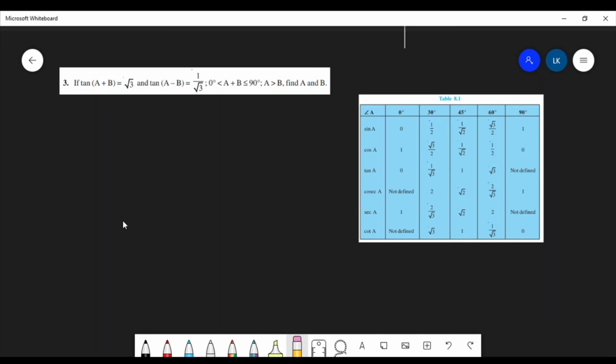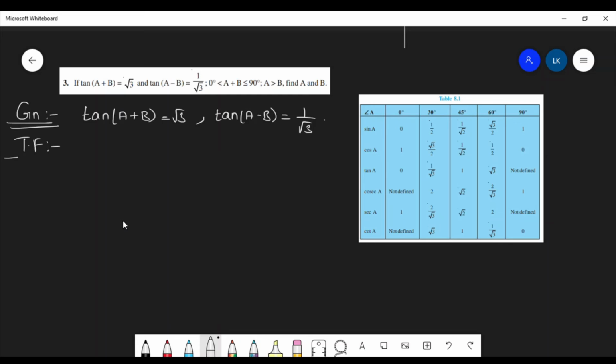Now we can solve the problem. What is given in the question? Given tan(A plus B) is equal to root 3 and tan(A minus B) is equal to 1 by root 3. We have to find A and B.